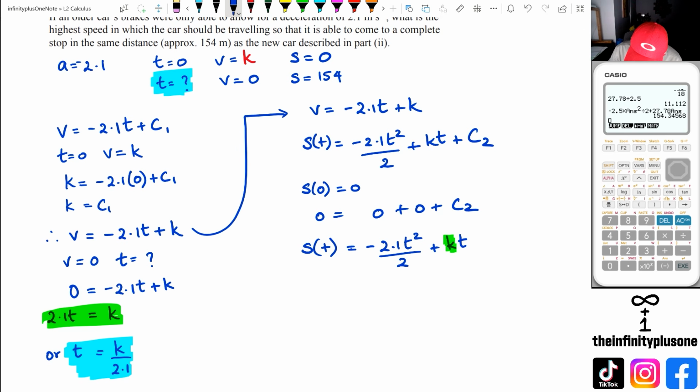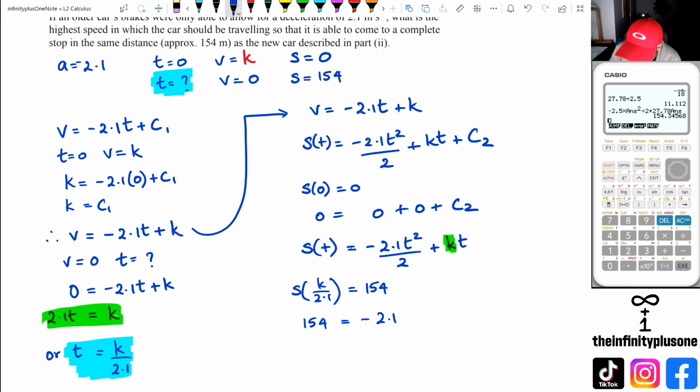So we know that s of t, which is k over 2.1, is equal to 154. I hope you can see that, because that was one of the things we figured out with the light blue colored. So we can say 154 equals negative 2.1 t squared.